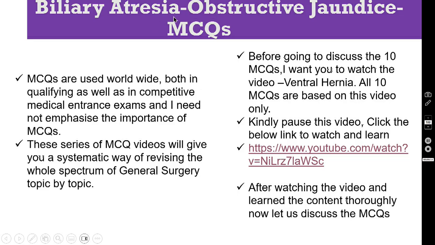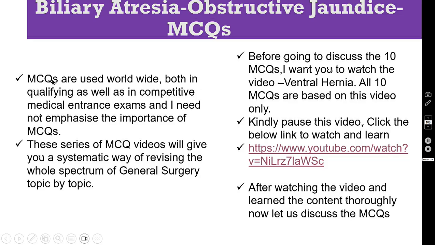I do not need to emphasize the importance of MCQs, because every qualifying exam like your MBBS, MS, MRCS or DNB surgery, or even the medical specialties like MD, DM, in every medical exam, you should undergo this MCQ part of the exam.